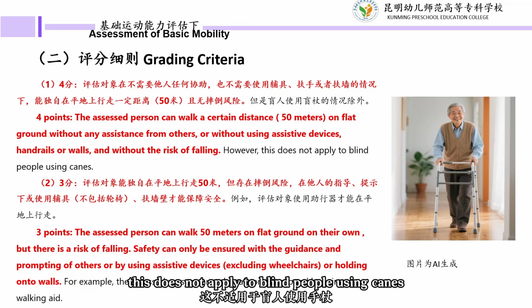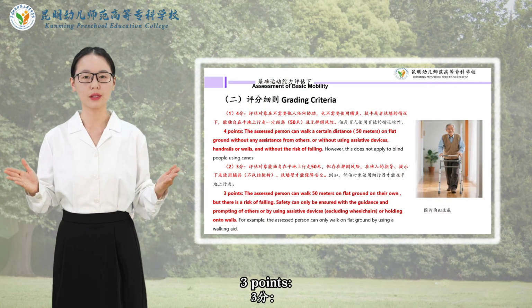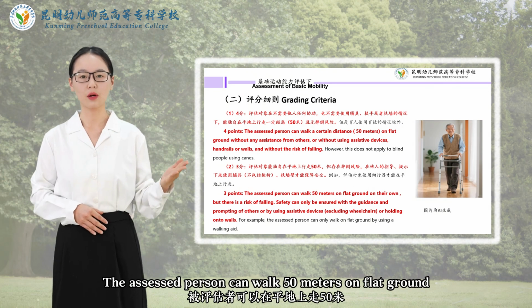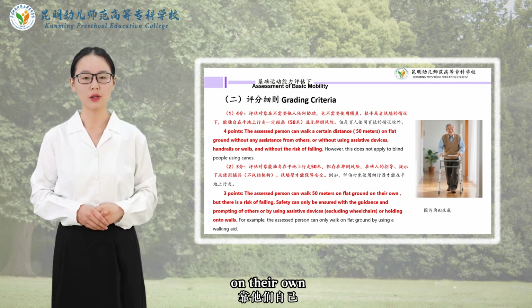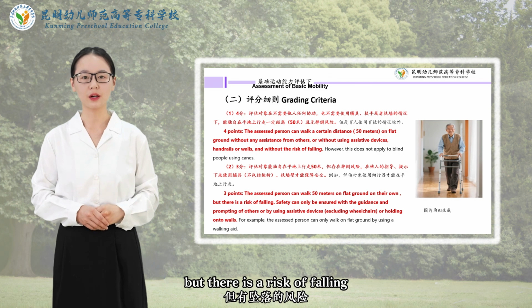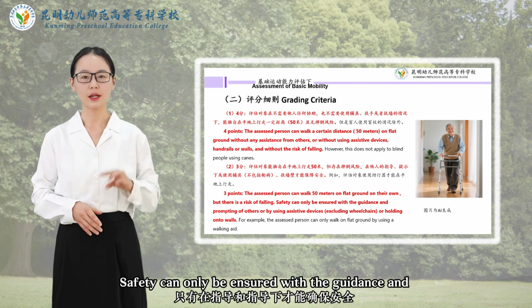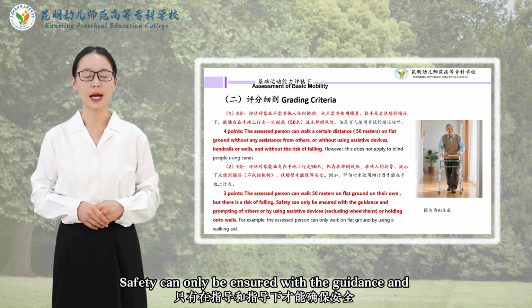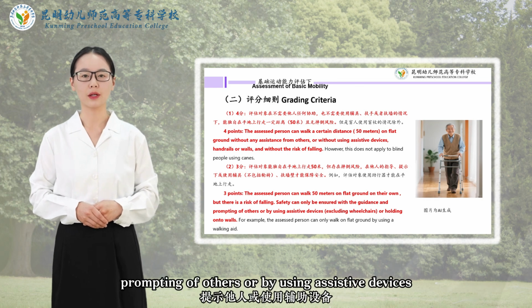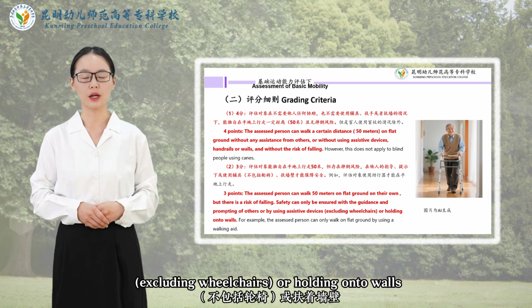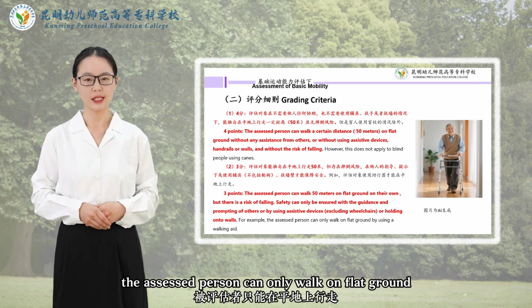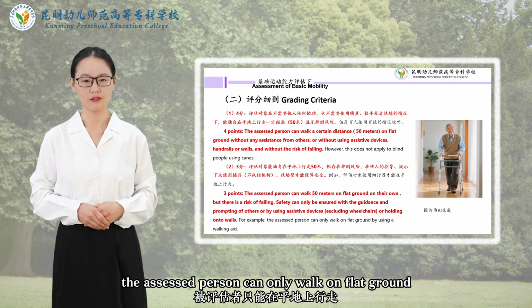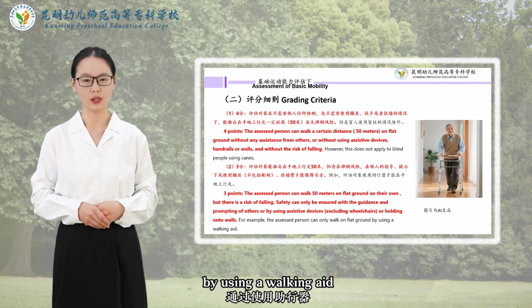However, this does not apply to blind people using canes. 3 points: The assessed person can walk 50 meters on flat ground on their own, but there is a risk of falling. Safety can only be ensured with the guidance and prompting of others or by using assistive devices, excluding wheelchairs or holding onto walls. For example, the assessed person can only walk on flat ground by using a walking aid.